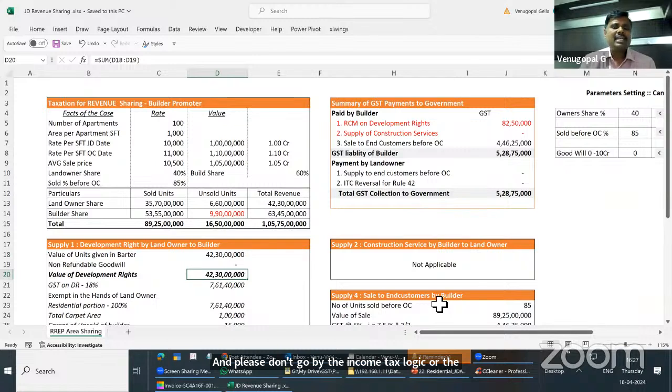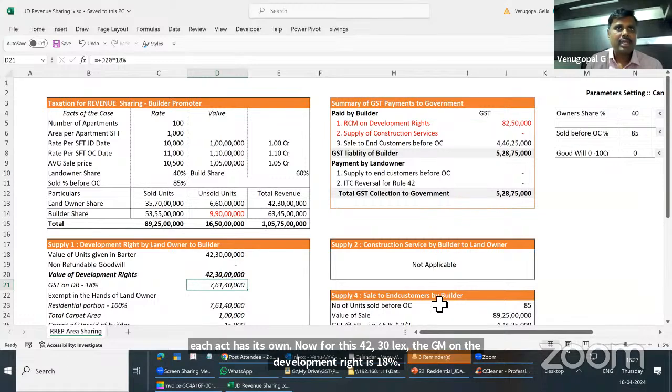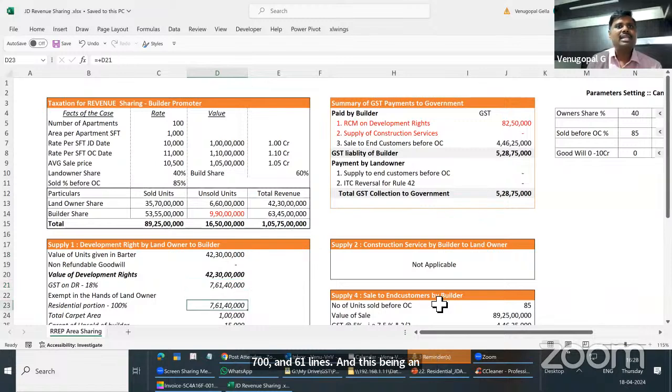Each act has its own taxation. For this 42 crore 30 lakhs, the GST on the development right is 18%, which is 7 crore 61 lakhs. And this being an RREP project, there is a 100% exemption in the hands of the landowner. 7 crore 61 is exempt. So that is the example.